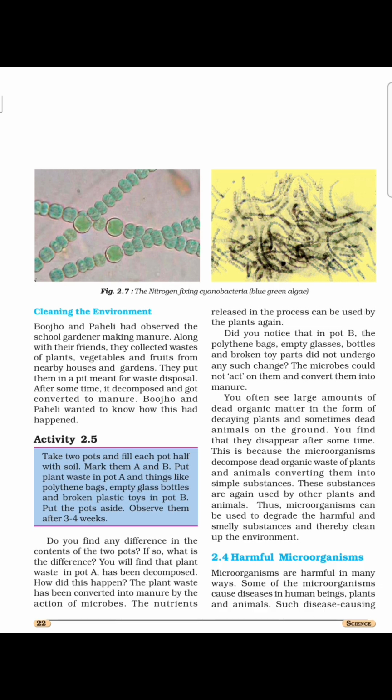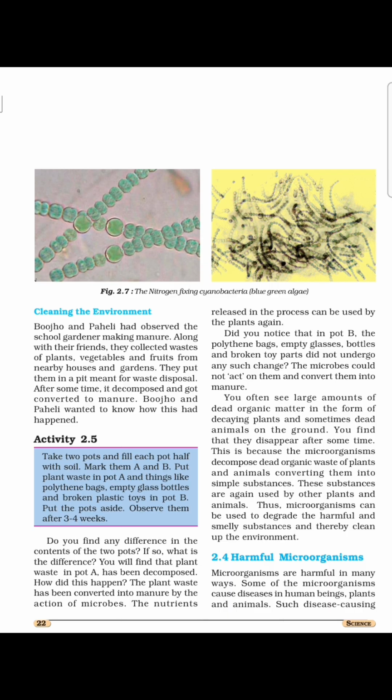Microorganisms play a crucial role in the environment. They decompose large amounts of dead organic matter, such as dead plants and animals found on the ground. This decomposition converts the complex dead matter into simpler substances.